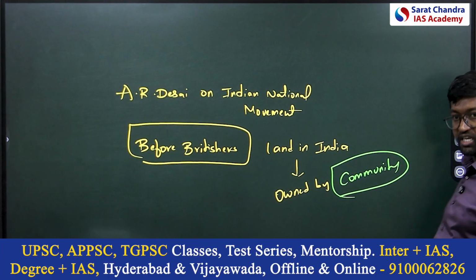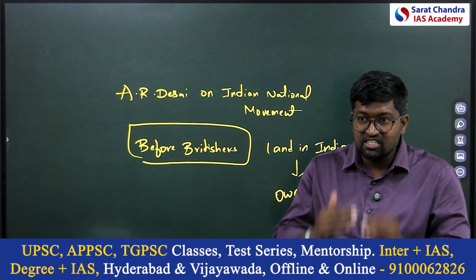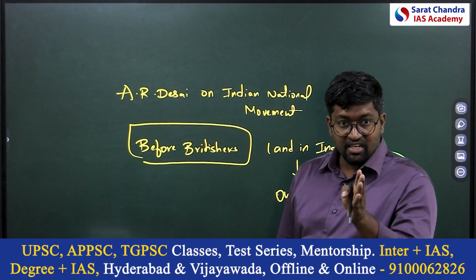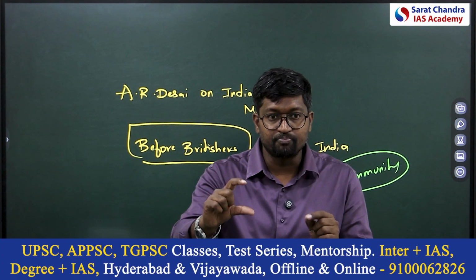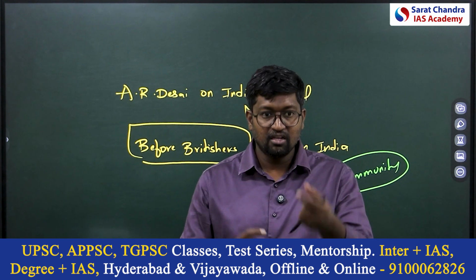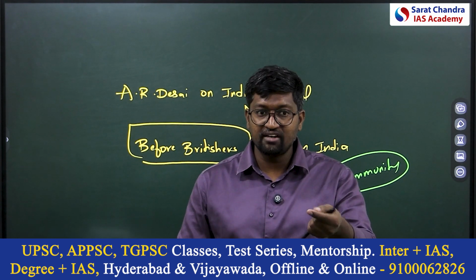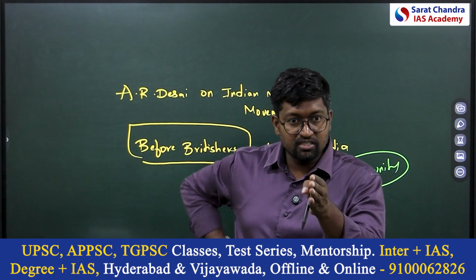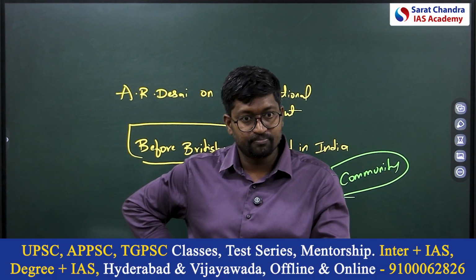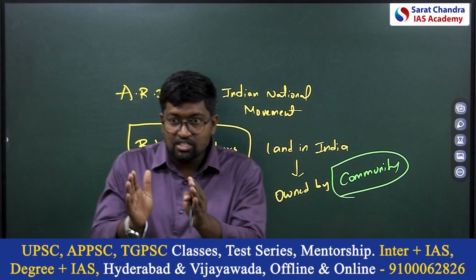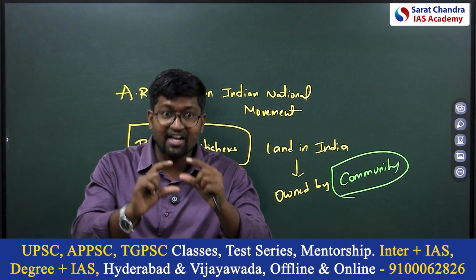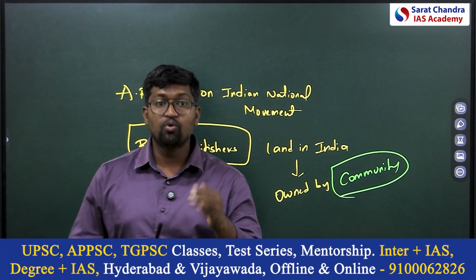What do you understand by community? The village, where all the villagers were owners of the land. But after the Britishers realized that land is the source of revenue, they started becoming the owners of land. Earlier the owners were the community. Now the Britishers introduced middlemen, zamindars, the ryotwari and mahalwari systems. You understand my point? That is how the Indian national movement was looked at by A.R. Desai, from the lens of economy and material conditions. Who are the owners of land?